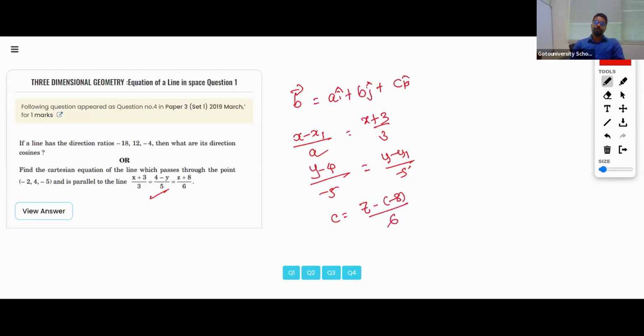So A is going to be 3. So the given equation has direction 3i plus minus 5j plus 6k, and the equation of the line parallel to this will be 3i minus 5j plus 6k.